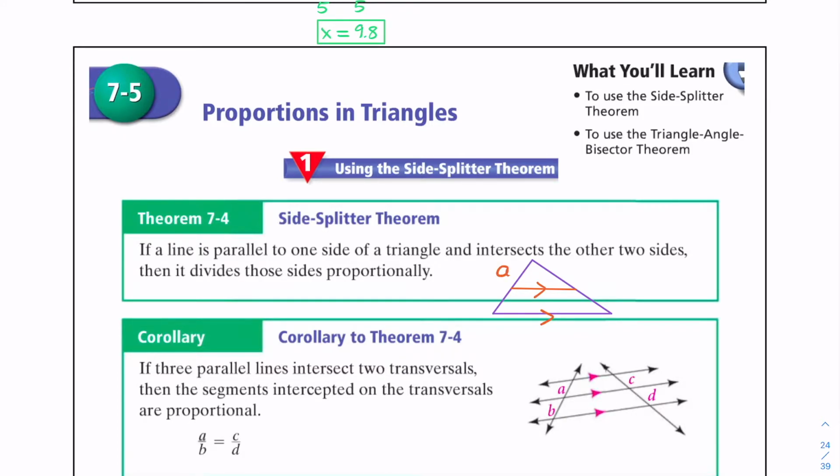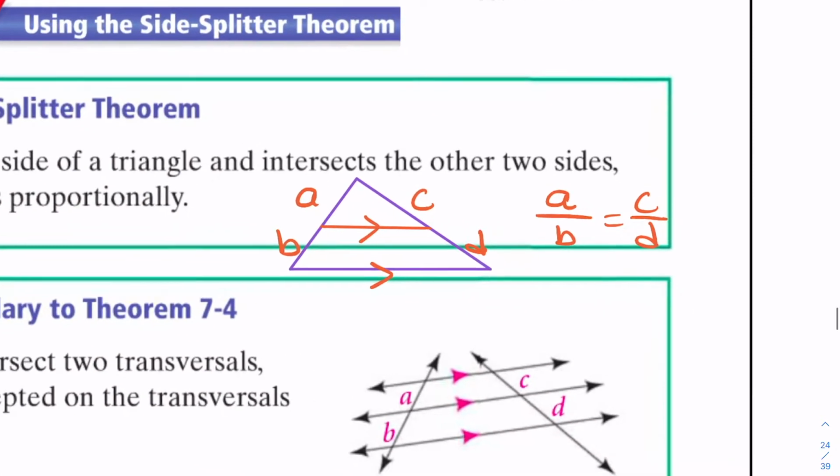We can say A is to B as C is to D, only when the sides are split, which here they are. These two sides are split.